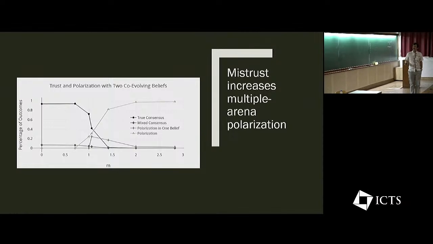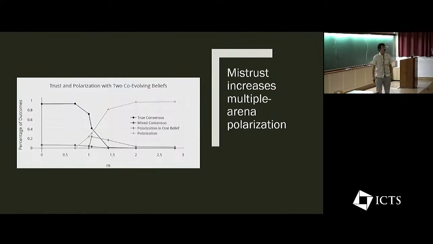So what you see is that as M increases, first, polarization increases. There's this other thing that can happen, which is that polarization in one belief will increase, but then it tends to decrease, and polarization in both beliefs increases more. So what we're seeing here is an instance of the phenomenon that we were trying to describe, right?